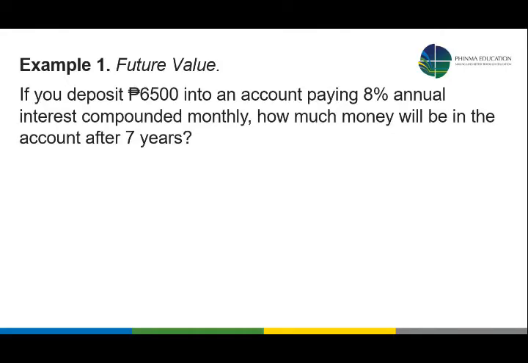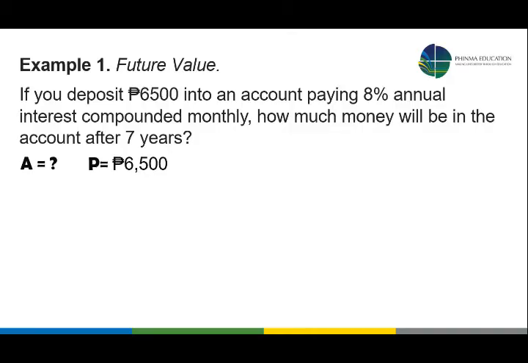If you deposit 6,500 pesos into an account paying 8% annual interest compounded monthly, how much money will be in the account after 7 years? By the question, how much money will be in the account after 7 years, we are automatically looking for the future value, denoted by A. In order for us to solve for that, we're going to plug in the data given in the problem. We have a principal of 6,500.